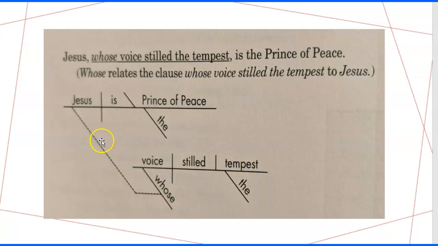And a lot of you want to stick it right here on this line. But since it is modifying voice, it has to go down under here, and that's where the connection is made then to Jesus. That one's a little harder, but what I would encourage you to do is to put each of these examples in your notes so that you write it down and you remember, okay, here's where whose shows up because it's possessive and it's going to show up as an adjective.